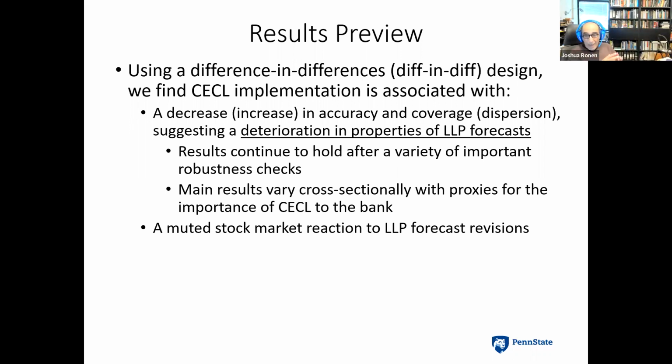Yeah, sorry. Did you have a chance to check whether managers occasionally or most of the time include the provision under CECL, as opposed to the incurred loss model, as a non-GAAP item? That I am not aware of in terms of whether or not it's considered.